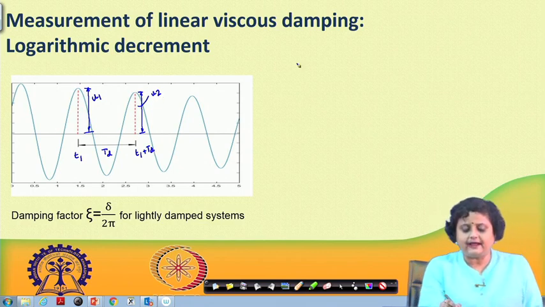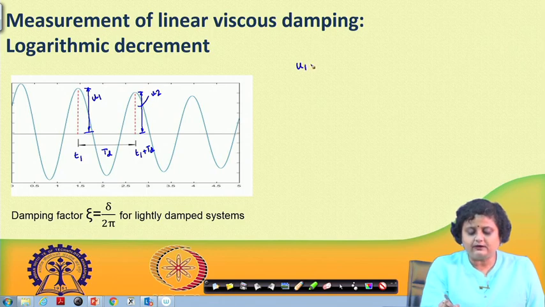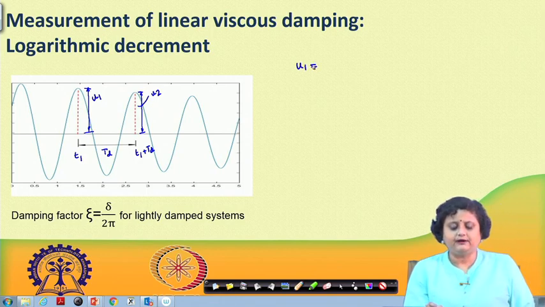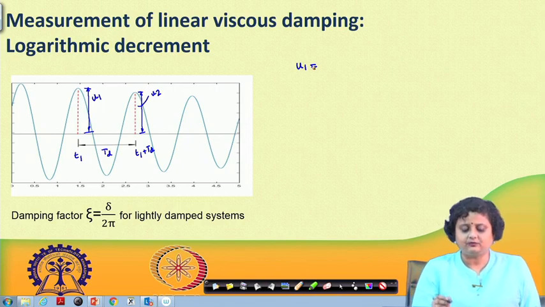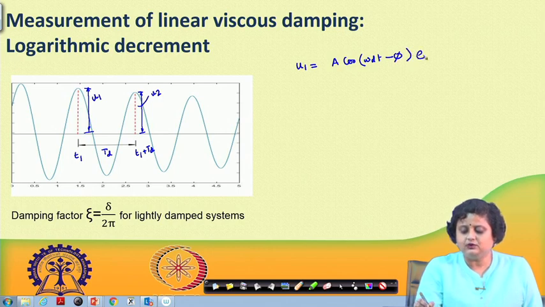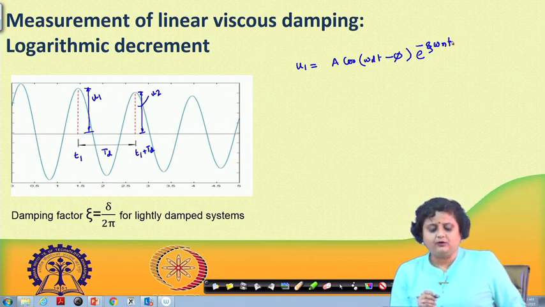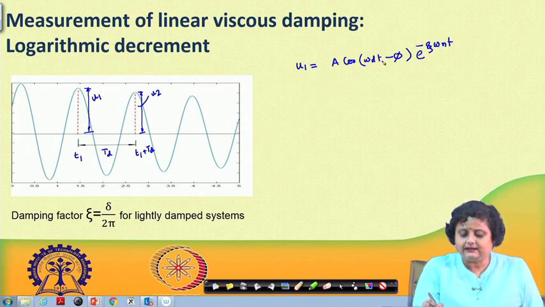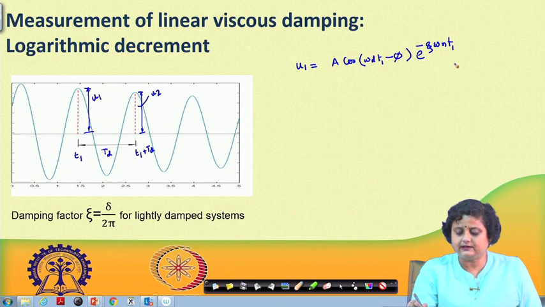Now, what would be the expression of U1? We have already seen earlier that for an underdamped case, the response U1 can be written as A cos(omega d t1 minus phi) into e to the power minus zeta omega n t1. This is the response at t equals t1, where omega d is the damped natural frequency.